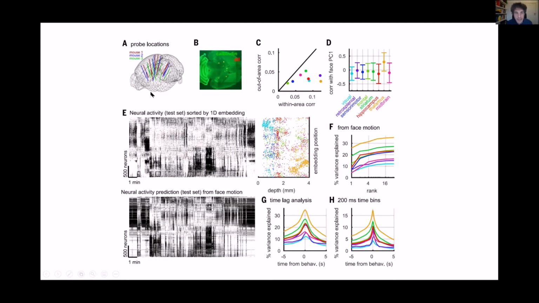And the outcome is that, so this shows the probe locations, and this shows the histology, which I think you're going to hear a lot about how to do. This shows you much better ways of doing it now.